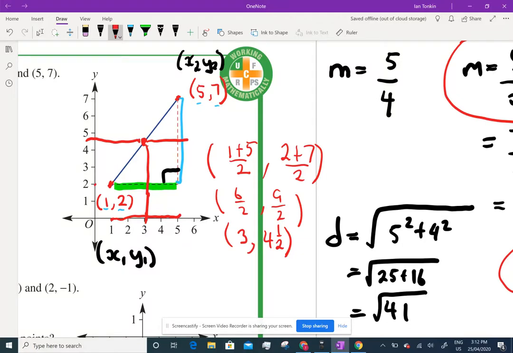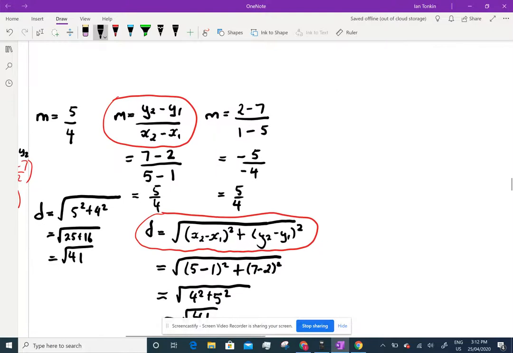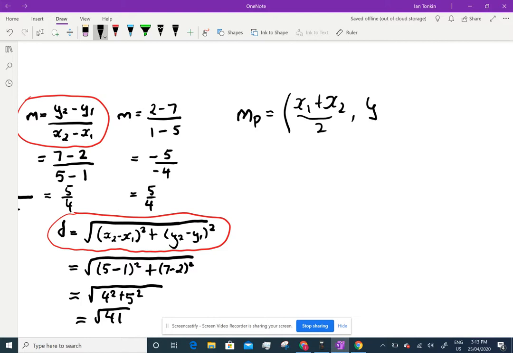So, you don't need to draw it if you just can say, I'll just substitute those values, x1, x2, y1, y2, and I'll get a formula. So let's write it. The midpoint, we'll call it MP, is x1 plus x2 over 2 and y1 plus y2 over 2.